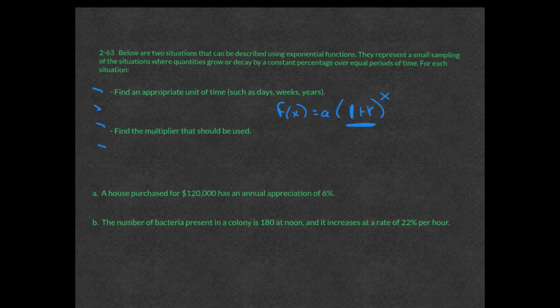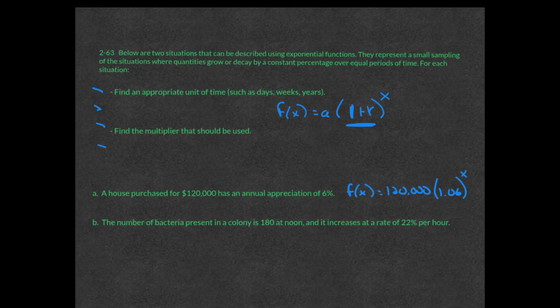So on the first part, we have a house purchased for $120,000. Well, that is our starting point. Okay, and then it's growing at 6%, so it's going to be 1.06 as our multiplier. And then, of course, it's going to be to the x.